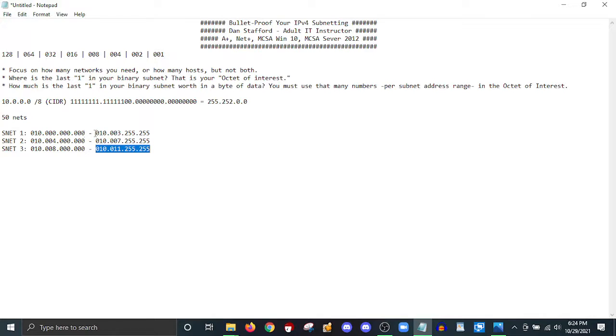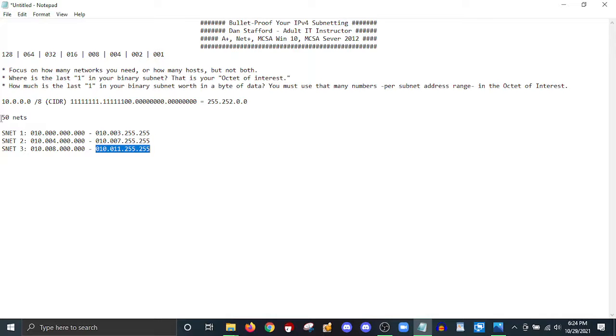So 0.1 through 255.254 are available for hosts. So there's an awful lot of hosts on these networks. Okay, so this is an example of using this method for a /8 subnet or class A.